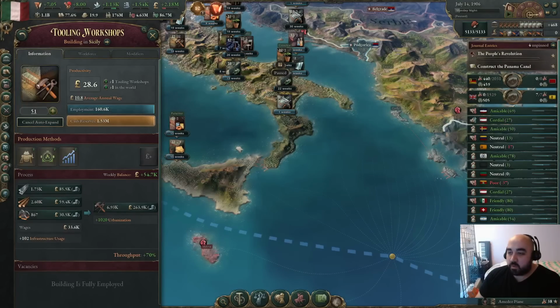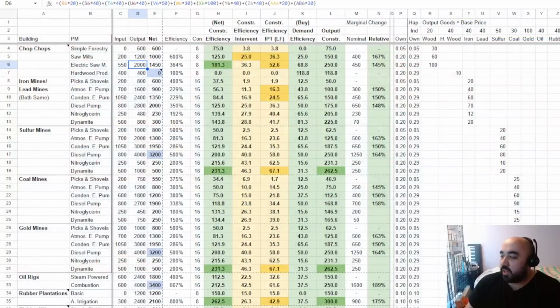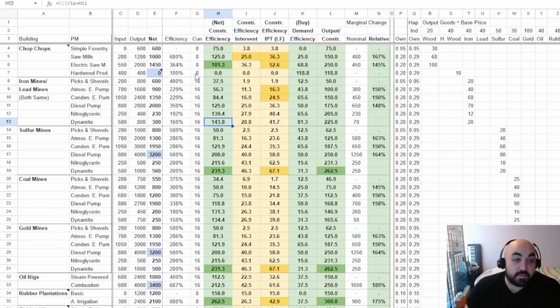If you want to click away, if you're under the age of 12, you need to consult a parent before looking at this. Okay, so here we have, very simply, the net, which is the value of the outputs minus the value of the inputs. And this is based on base prices, not actual prices.